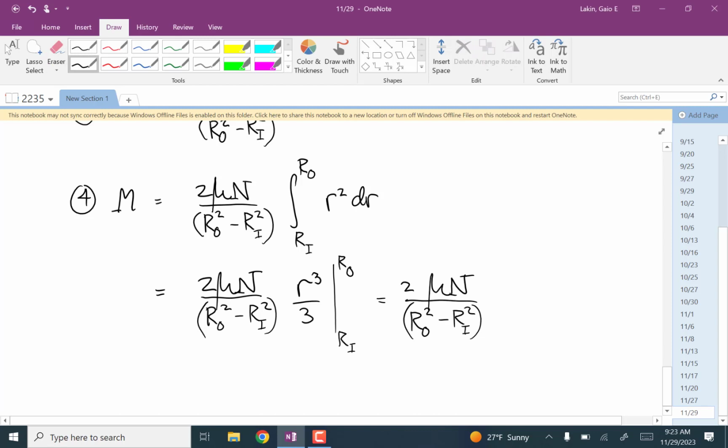So we got a 2 here, a 3 there, and then times, now evaluate this function, R outer cubed minus R inner cubed. And now you can get a little bit tricky with that if there is a little trickiness you can use.